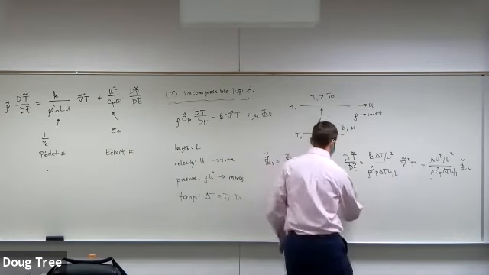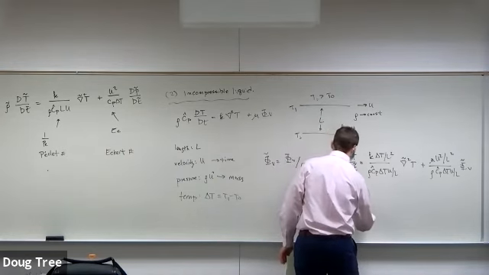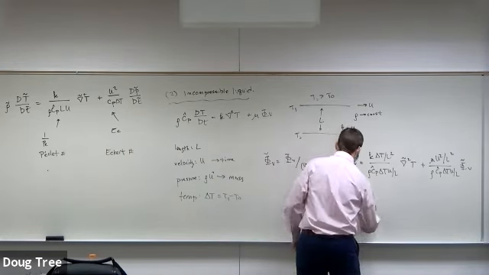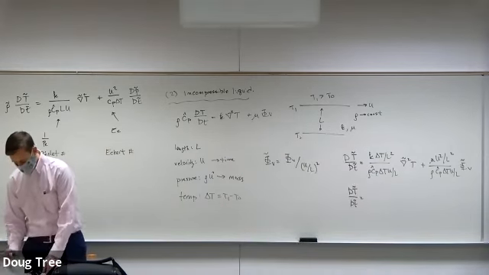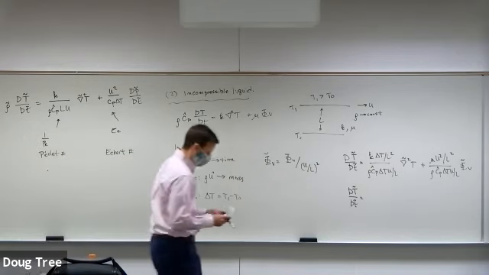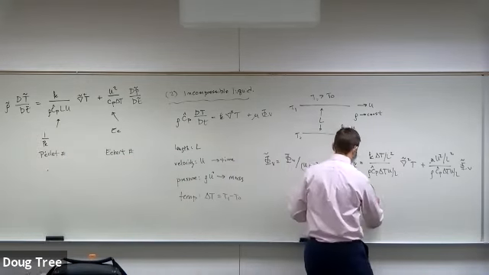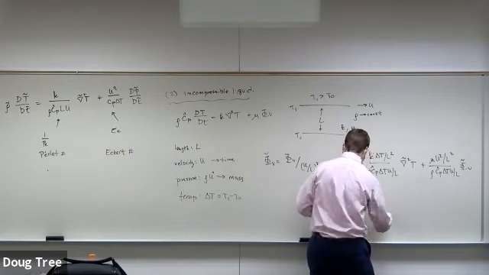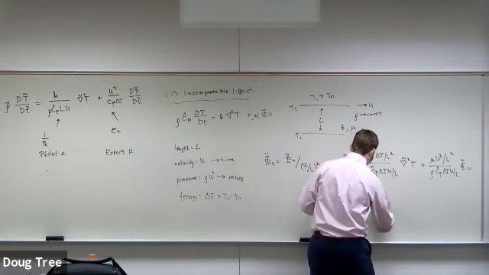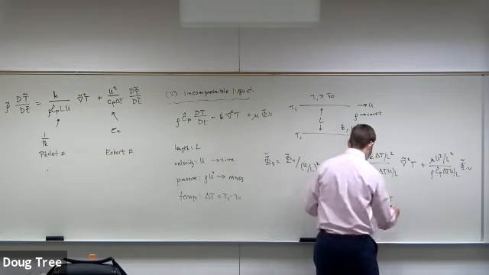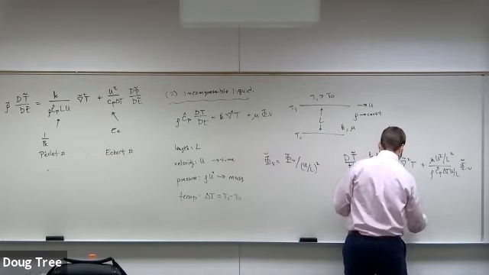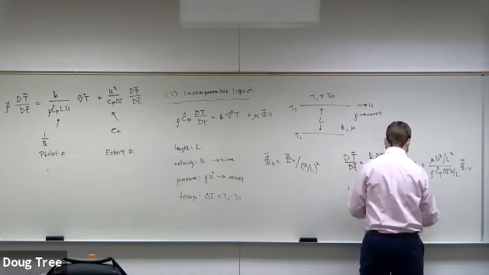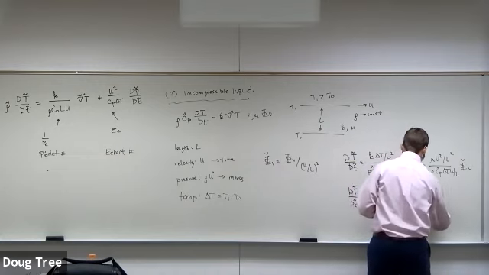And what you find, you cancel some terms out, is that this gives you the following, which is 1 over the Peclet number, which is just what we had before, grad squared t, plus a new number called the Brinkman number divided by the Peclet number, phi tilde v.